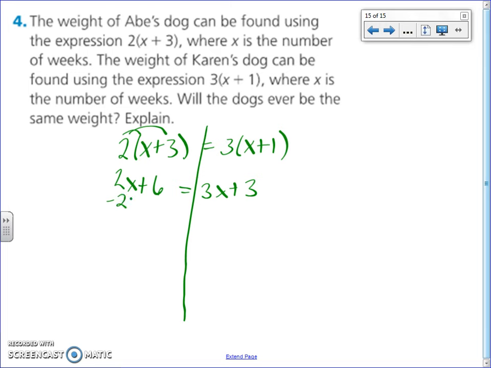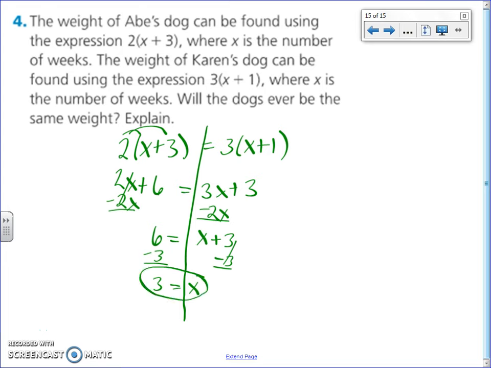I'm going to subtract 2x from both sides. I always like to subtract the smaller value, but if you subtracted the 3x from the other side, that would have worked just fine. I would get x plus 3, subtract 3 from both sides, and I get x equals 3.